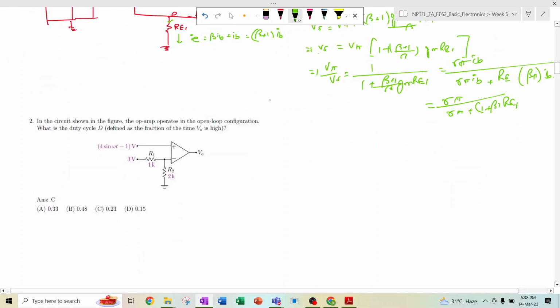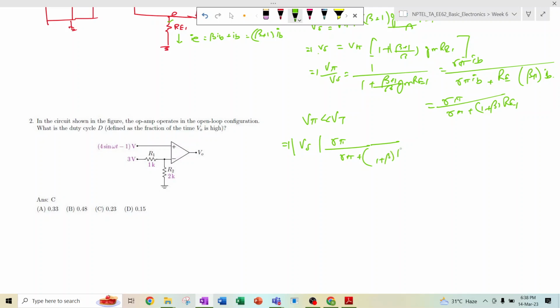Now according to the small signal analysis, this V pi should be very much less than Vt. Now here you can see V pi is nothing but Vs into R pi divided by R pi plus 1 plus beta into RE1. That should be very much less than Vt, or you can say Vs should be much less than Vt times R pi plus 1 plus beta into RE1 divided by R pi.